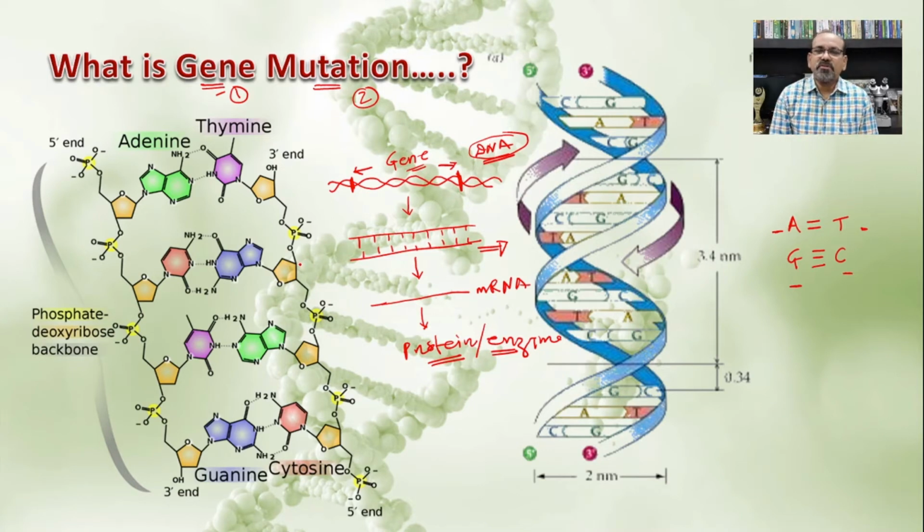If this sequence of the nitrogen bases gets changed, automatically the sequence of nitrogen bases on the mRNA will change, and if the sequence on the mRNA changes, automatically the structure or the properties of the protein or the enzymes will also change, and naturally it will change its function.